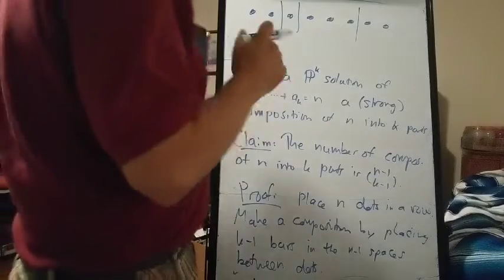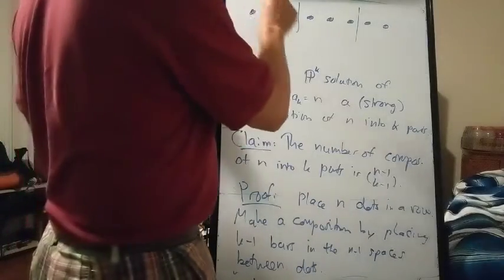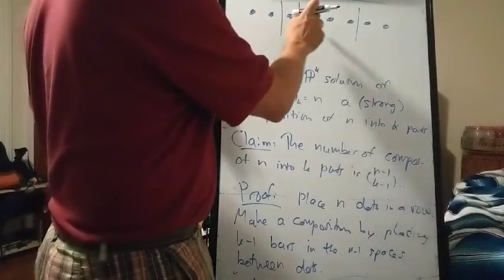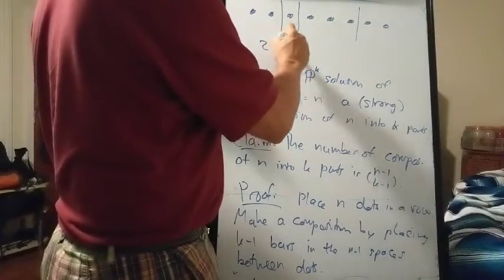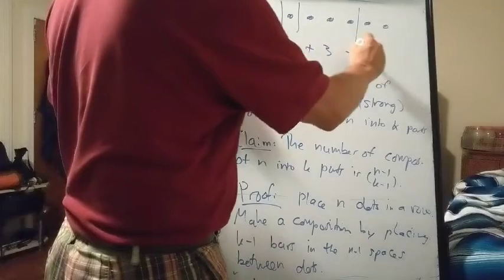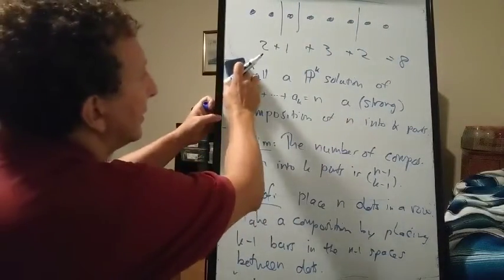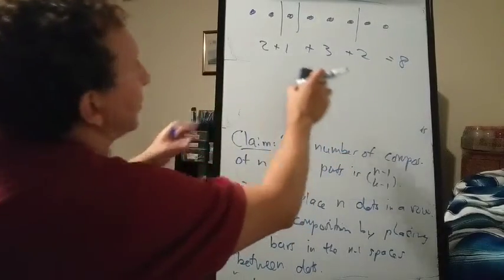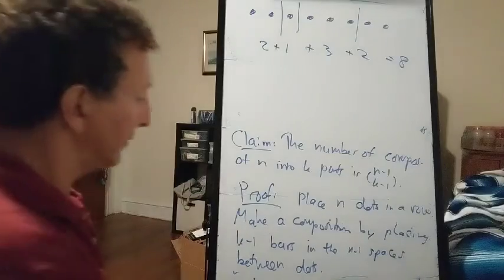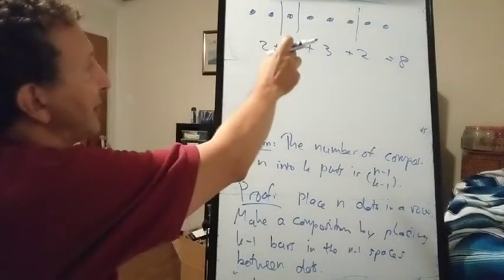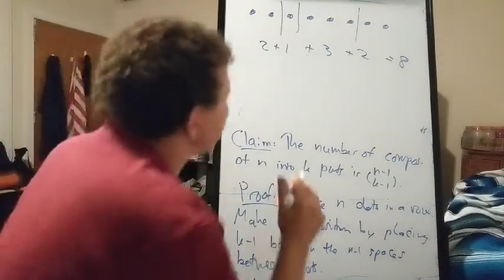So for instance, if we place dots here, and if we place bars here, we've got 1, 2, 3, 4, 5, 6, 7, 8. Then we're writing 2 plus 1 plus 3 plus 2 equals 8. And as long as we don't put 2 bars in the same space between 2 dots, then there's always going to be a positive number of dots between consecutive bars.